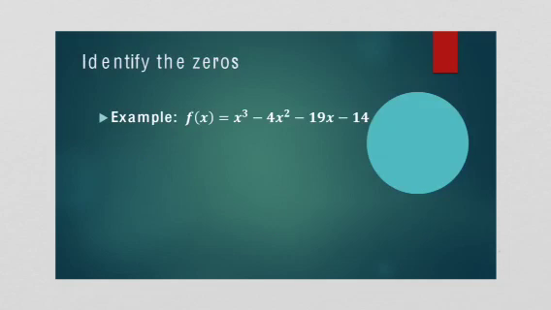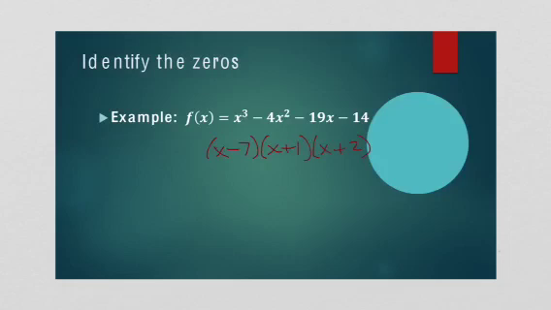Notice in this example, our equation is not given in factored form. Therefore, we must factor the equation. At this point, we would show you on the calculator how to use it to factor the equation. Doing so, you're going to get the following factors: x minus 7 times x plus 1 times x plus 2.